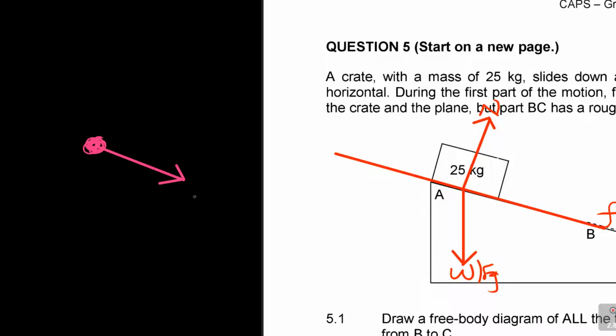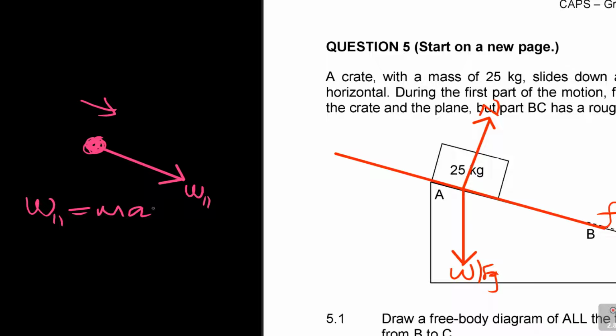We called that force the weight parallel. You see now the importance of that. Is there any other force working on this? There is no other force. Only this force is causing this block to move in this direction. So you are going to say weight parallel is equal to MA.